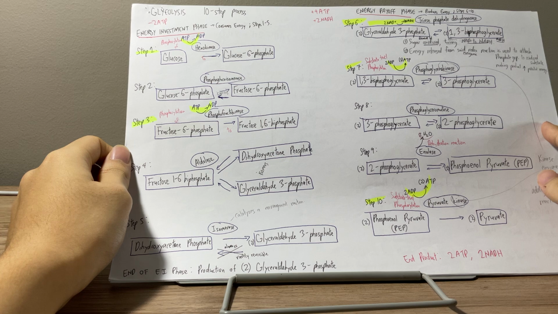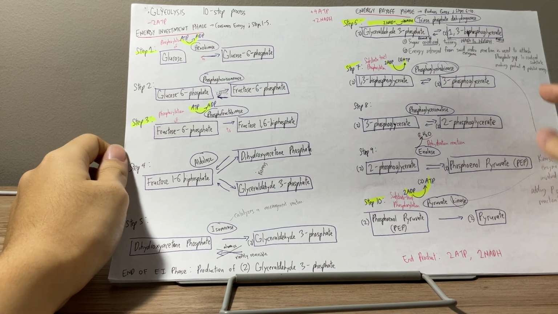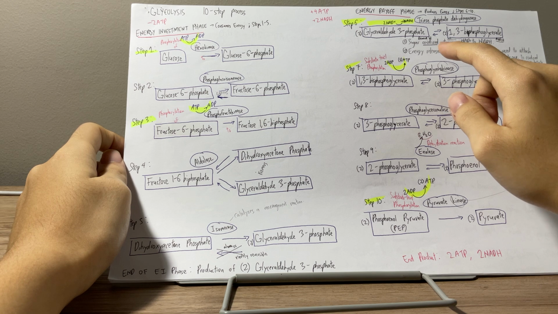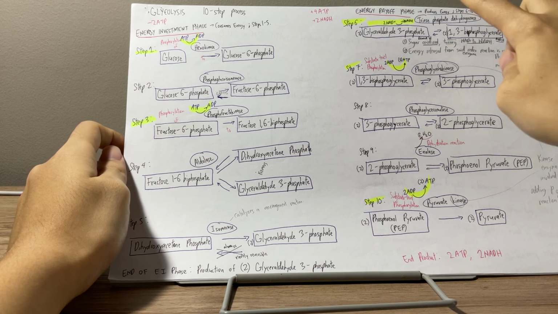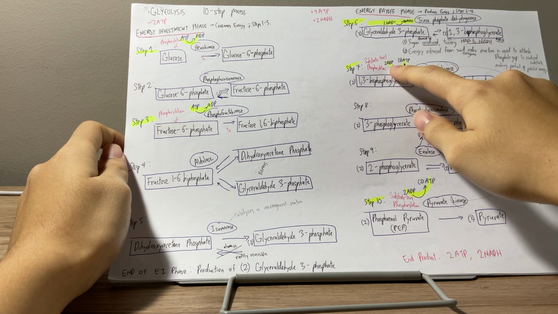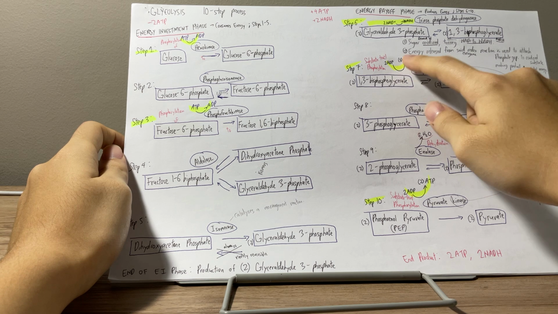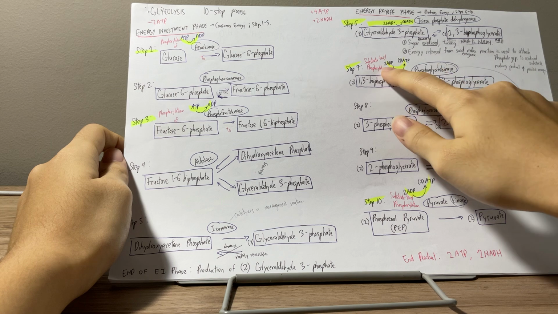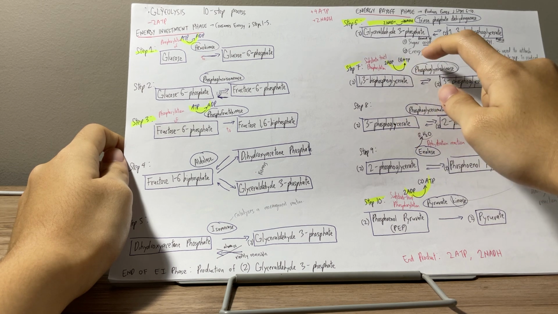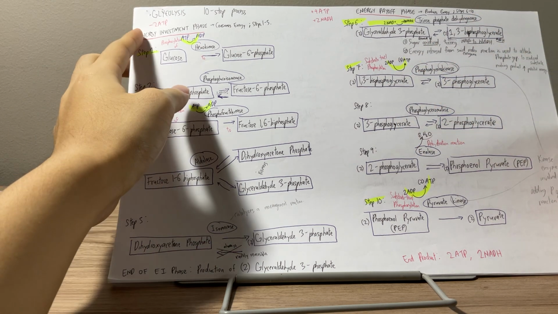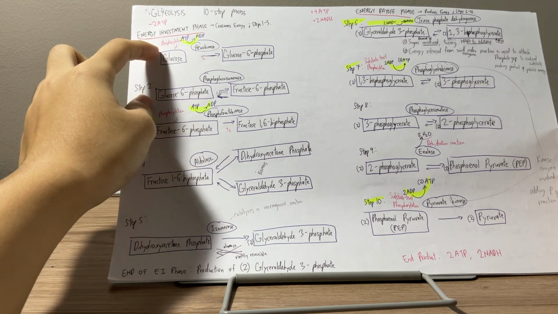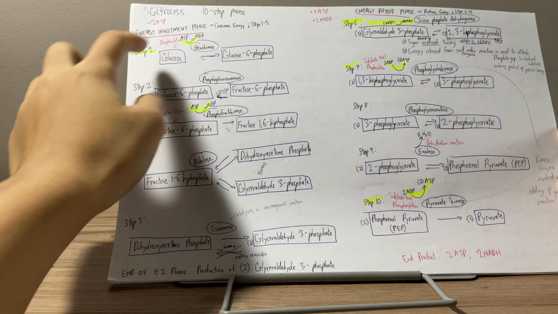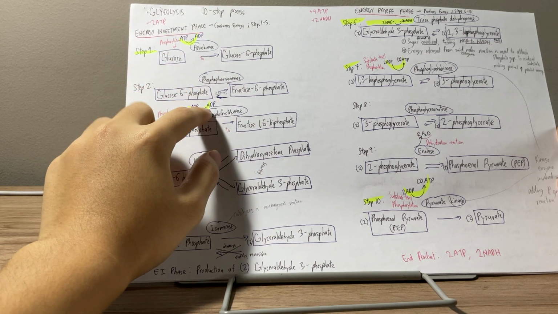In the energy payoff phase, it's from ADP to ATP. So it's the other way around. It kind of makes sense because in the energy payoff phase, you're trying to produce energy. So from ADP, it has to be ATP as an end product. In the energy investment phase, you use 2 ATP, specifically in steps 1 and 3, in order to generate adenosine diphosphate.